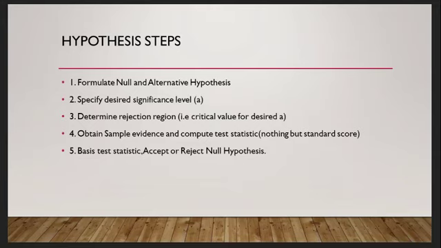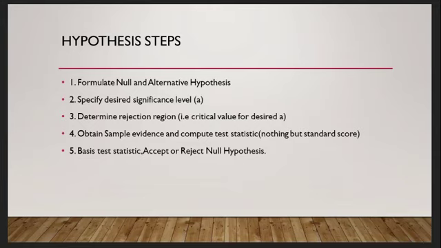You know how to do it, just calculate the standard deviation. Number three, determine the rejection region. If you remember, we had three methods for this job. Number four, obtain sample evidence and compute the test statistic. This level is nothing but a standard score. And number five, accept or reject the null hypothesis.